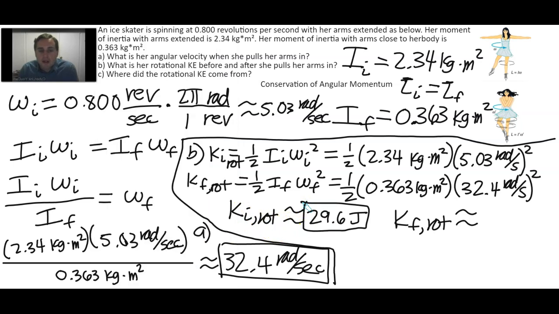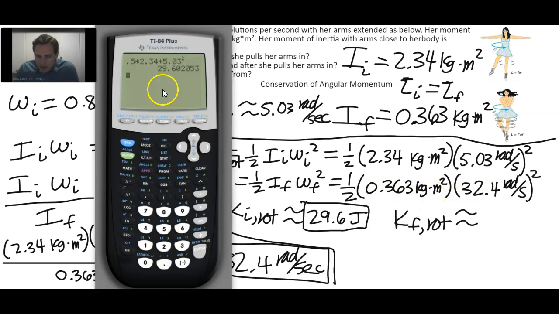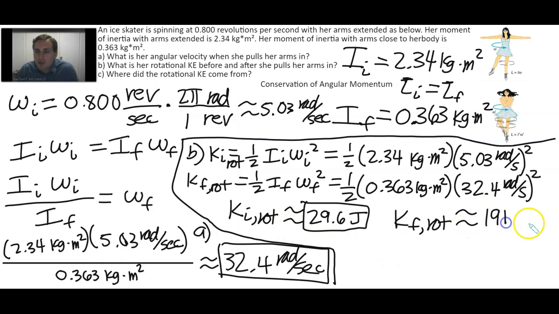All right, let's perform the same calculation but with these different numbers for her final rotational kinetic energy. So this should be, and we can just go 0.5 times 0.363 times 32.4 squared. So this is 190, and that approximates to 191, 3 significant digits, 191 joules.